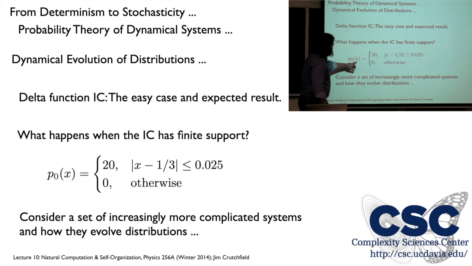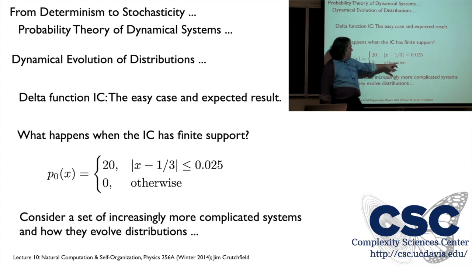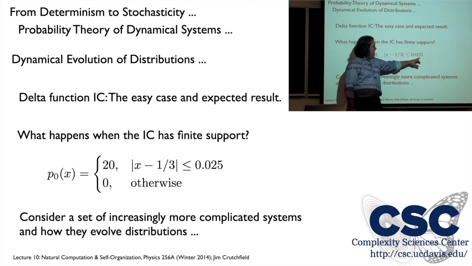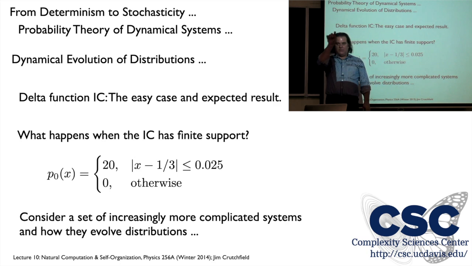So what we're going to do here is go through a series of one-dimensional maps that are increasingly more complicated and show you what happens when they iterate or push forward this initial distribution. So this initial distribution, I'm giving you the density again. It's going to be uniform, amplitude 20, centered around x equal to a third, and have a width of 0.025. So pretty small, a little flat distribution there.